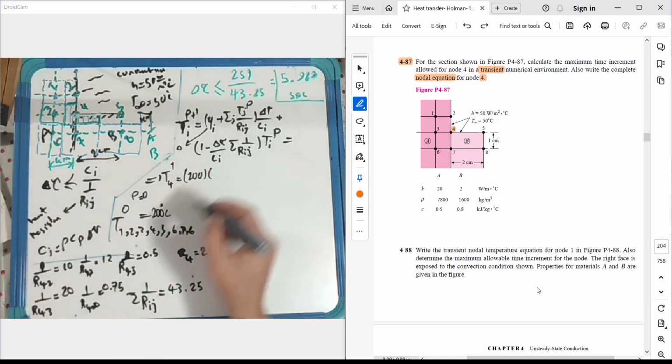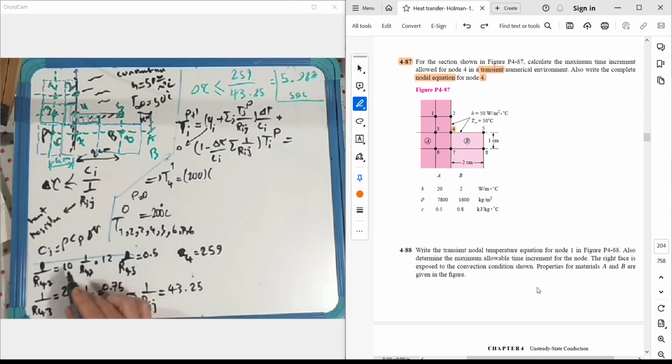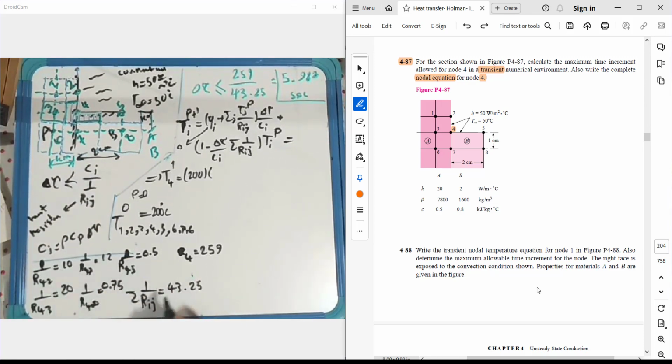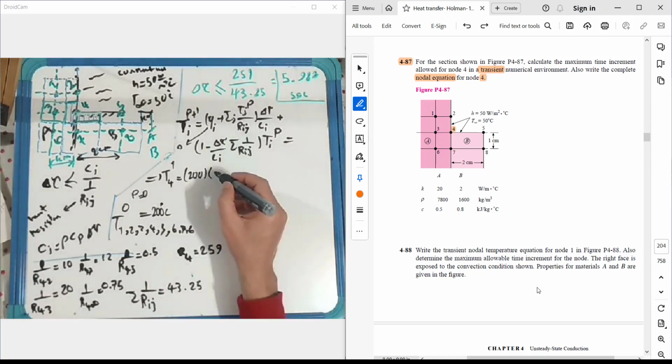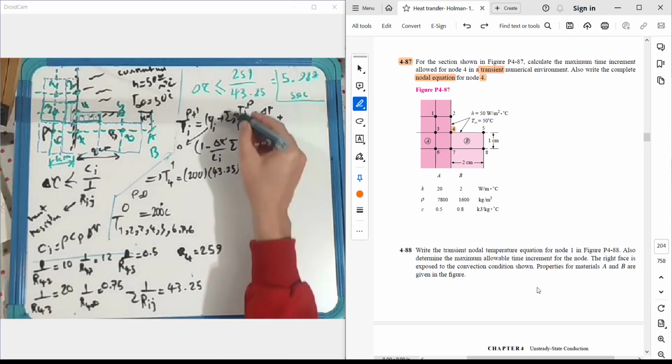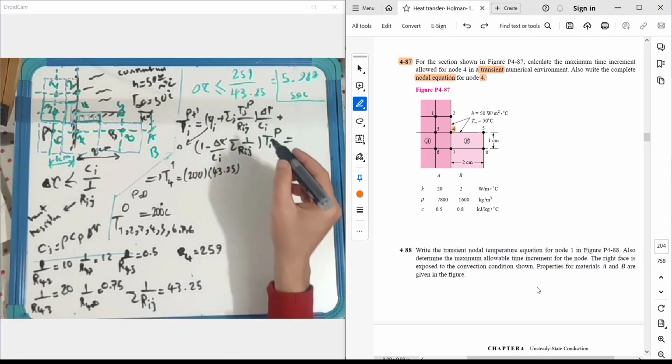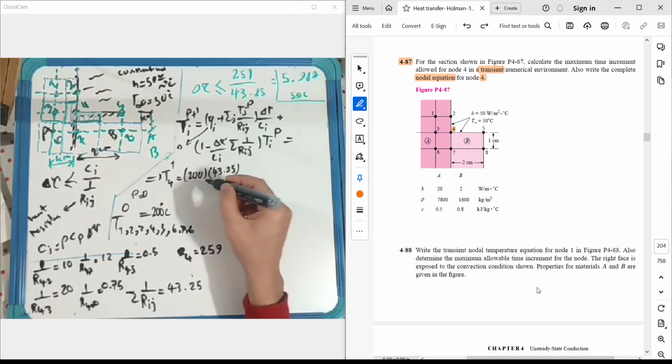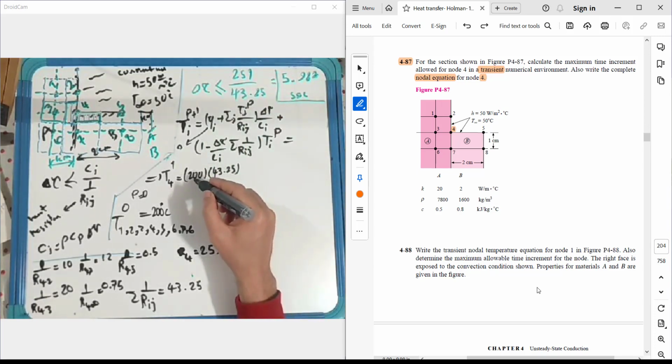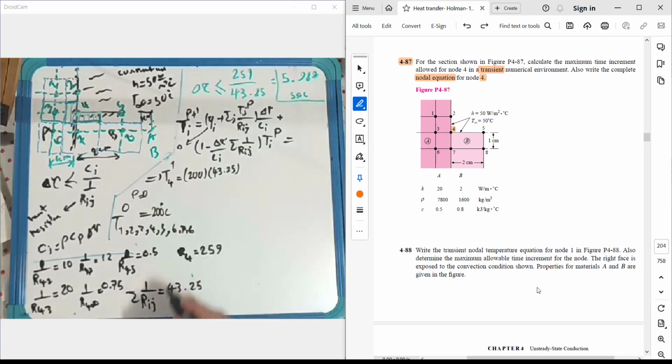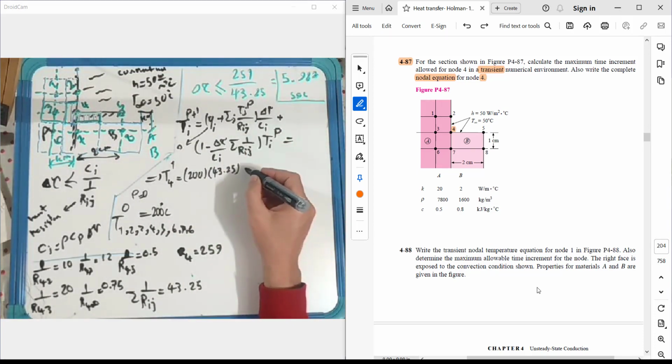I can write all of them and multiply all of them by each other. So if I add all of them and put it in this formula, it would be 43.25 for this one. Because this is T_j, all is 2000, and this R_j, this would be like that.